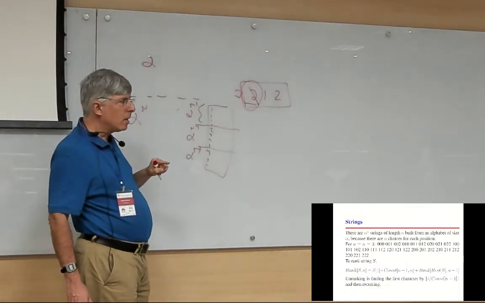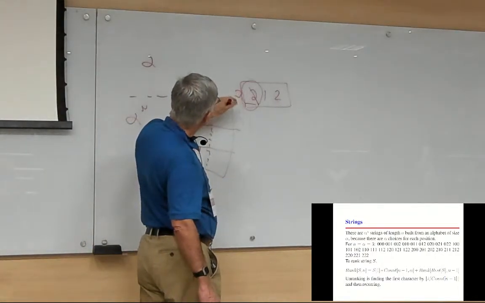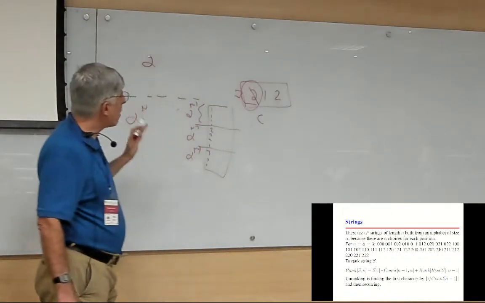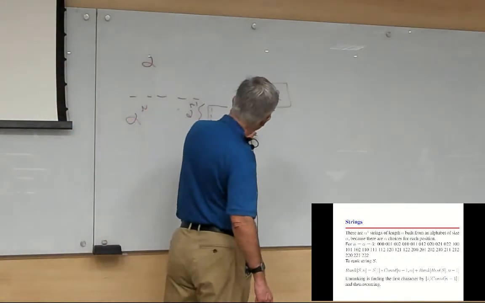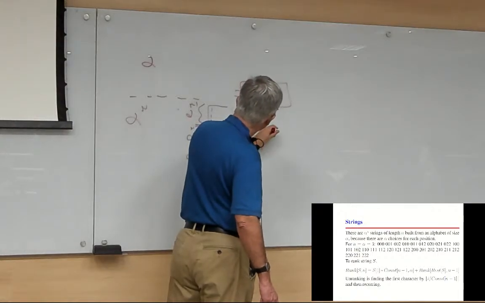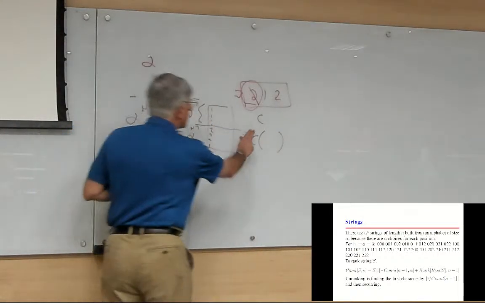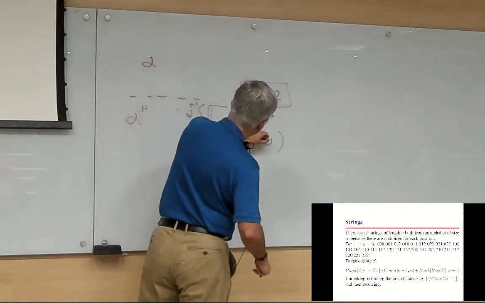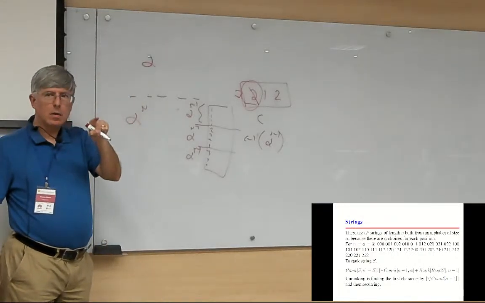I claim that if the first character is C, the ranking is going to start off being C minus 1 times alpha to the n minus 1, the number of strings that come before it. Do people see this? Okay.